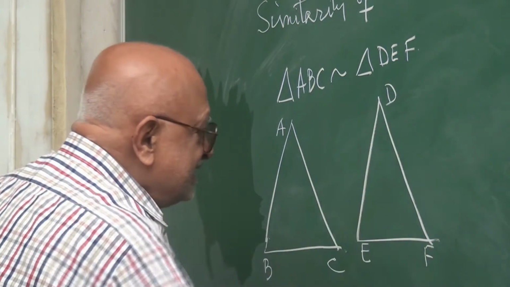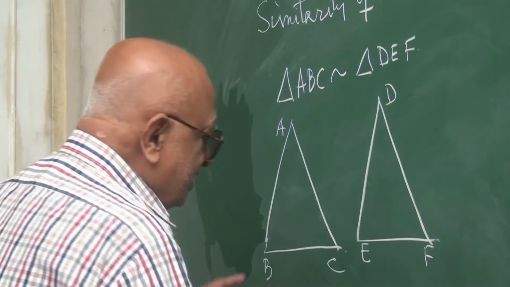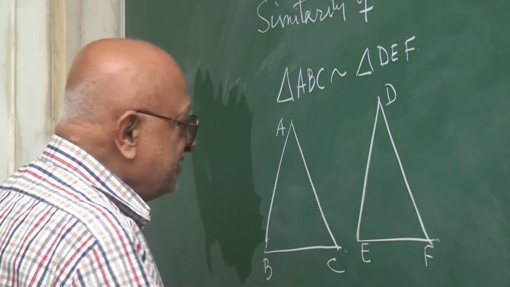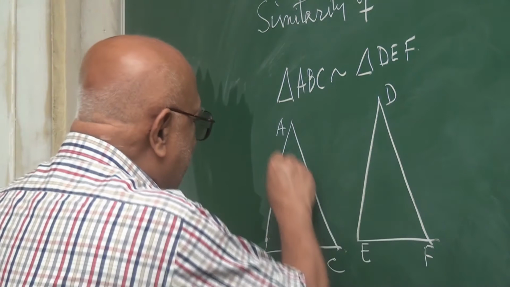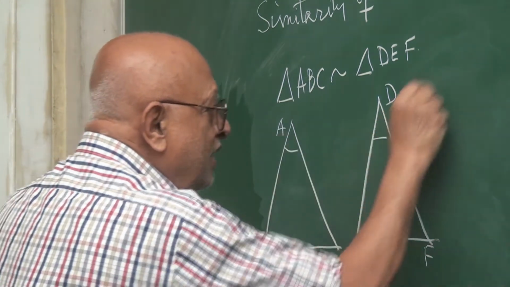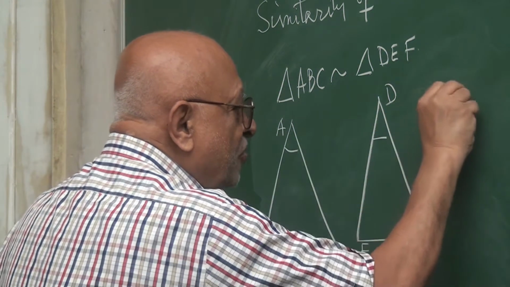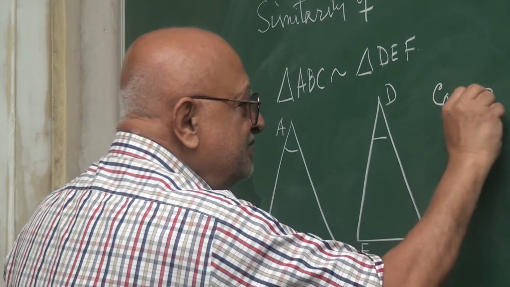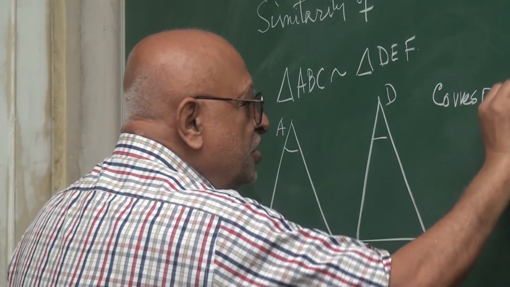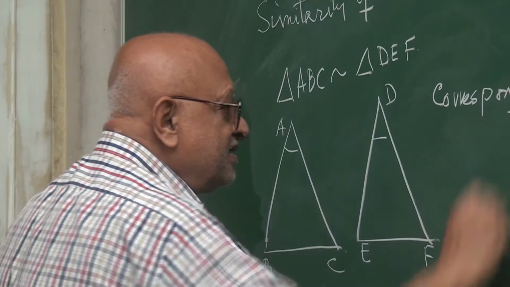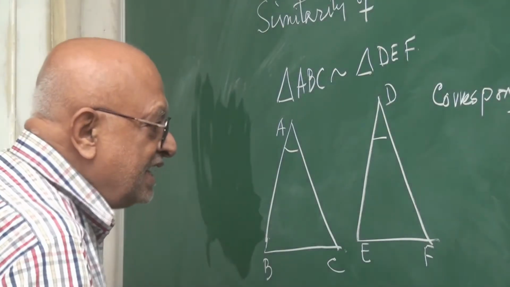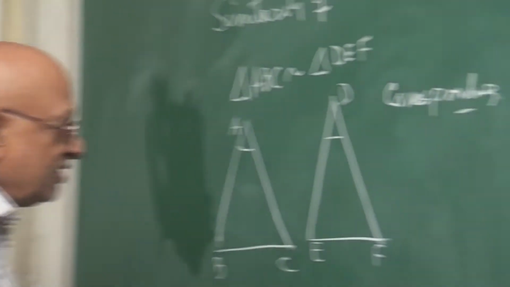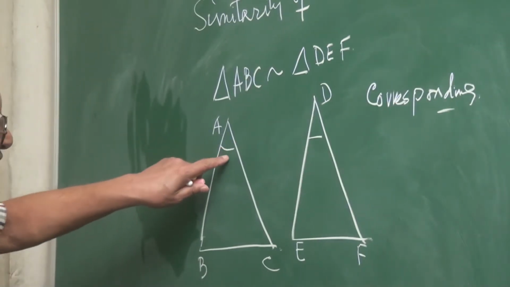If I say this, it means there can be two things. One, these angles, and one word is very important: corresponding angles. What is the meaning of corresponding? It means corresponding components.